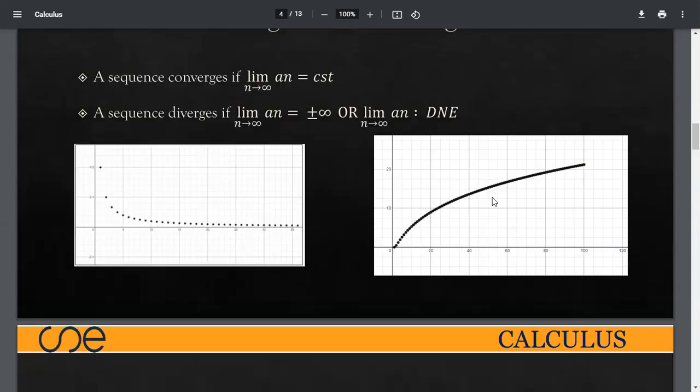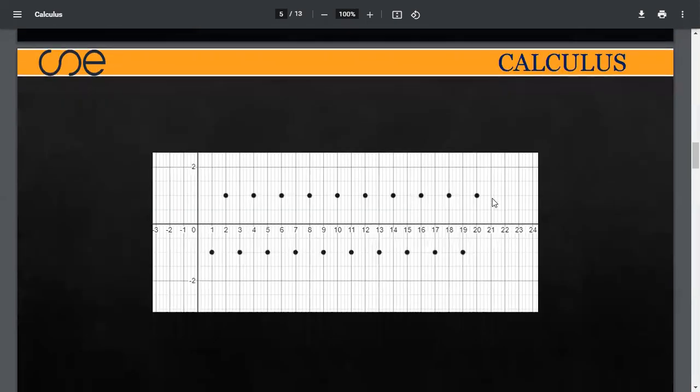The sequence could diverge in another way. If you see here, we have the famous example of (-1)^n. The sequence terms evaluate to either -1 or +1: -1 when n is odd, and +1 when n is even.